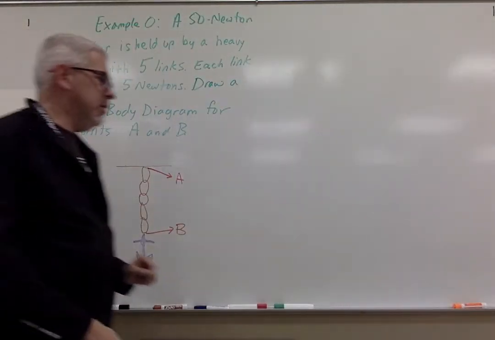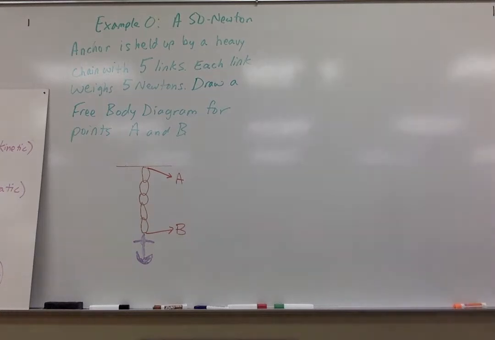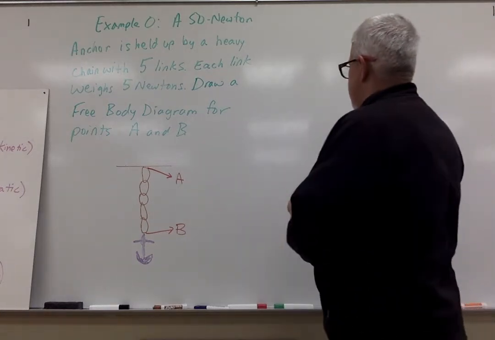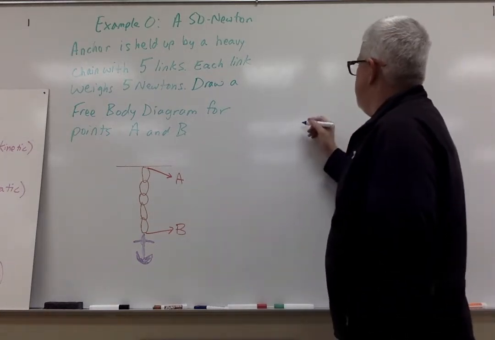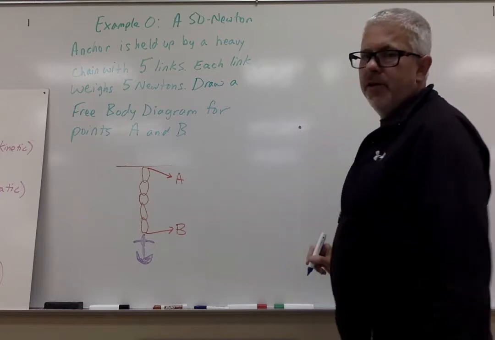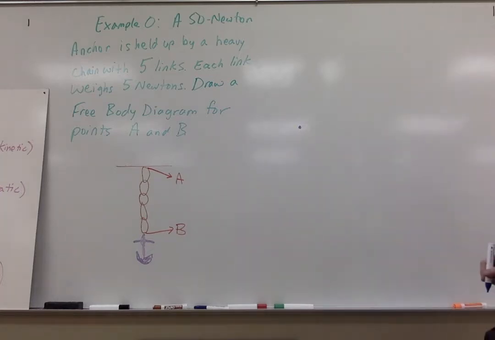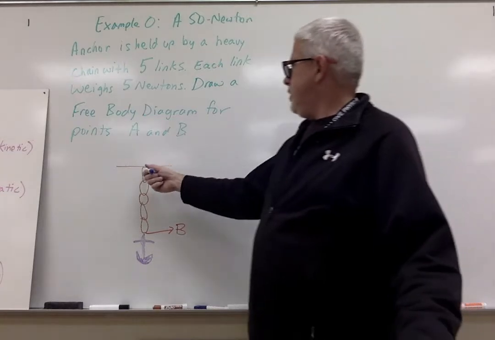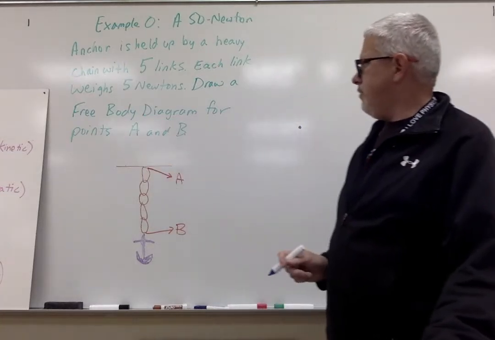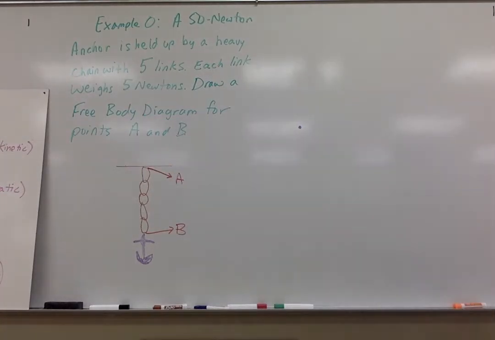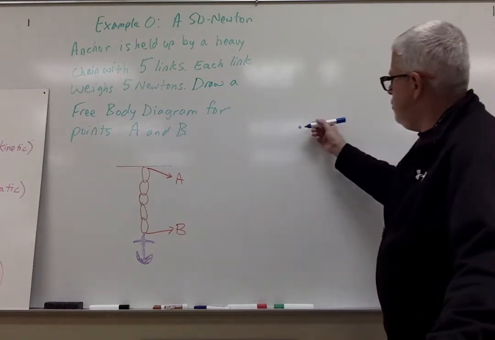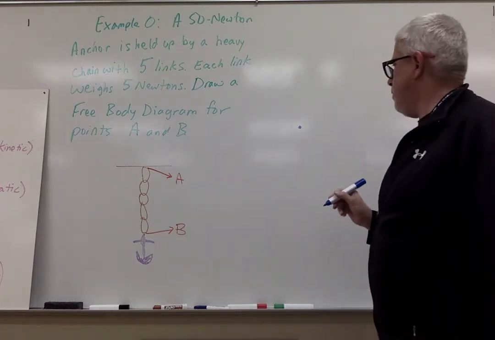All right, so let's take a look at point A right here. I know that it is not moving, it is not accelerating, so therefore the net force has got to be 0. So the force downward would equal the force upward.